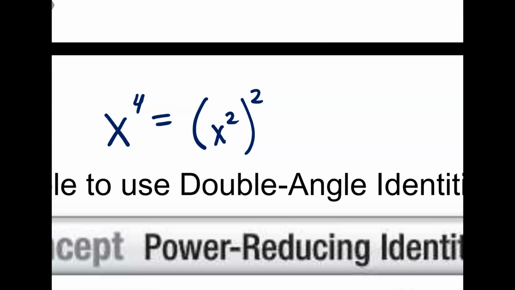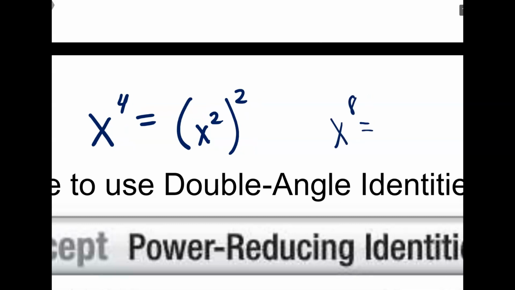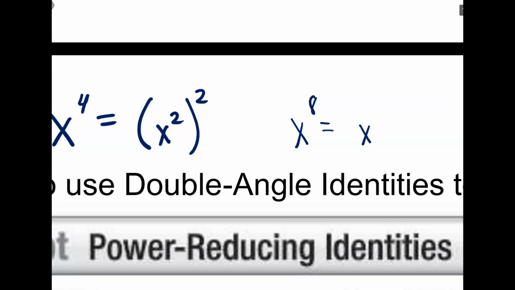What if I had x to the 8th? How can I write this? X squared, squared, squared. Because you multiply all the exponents together.